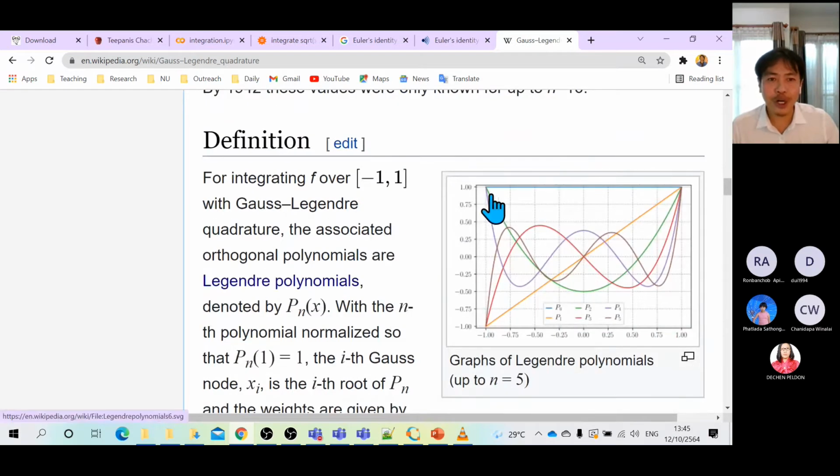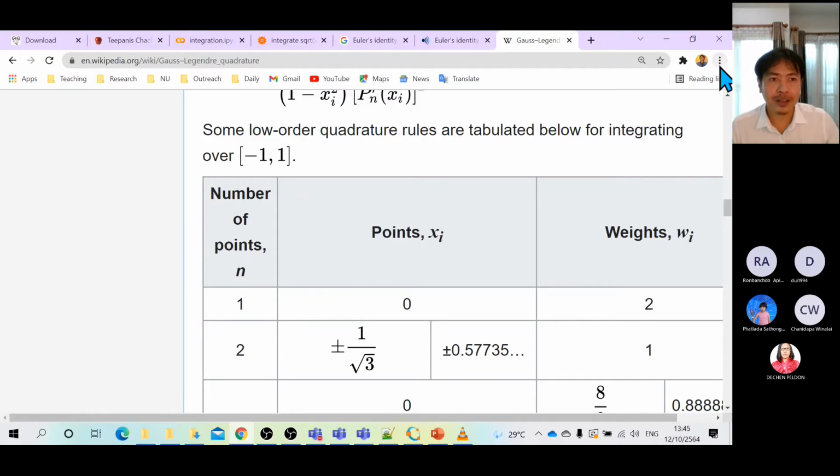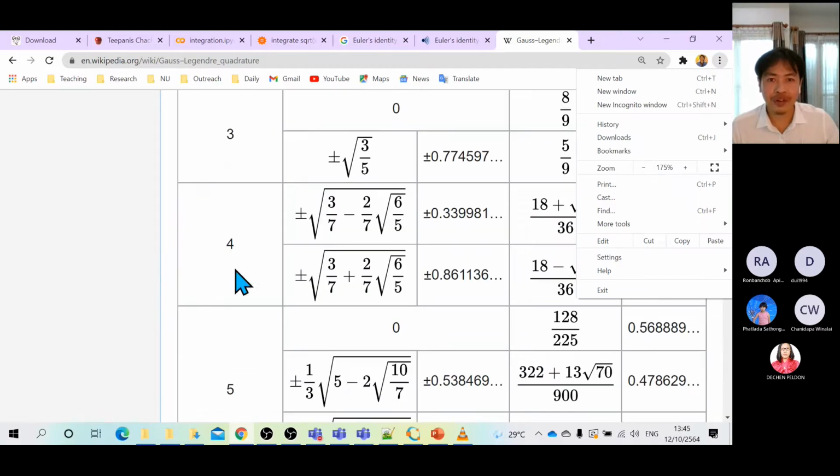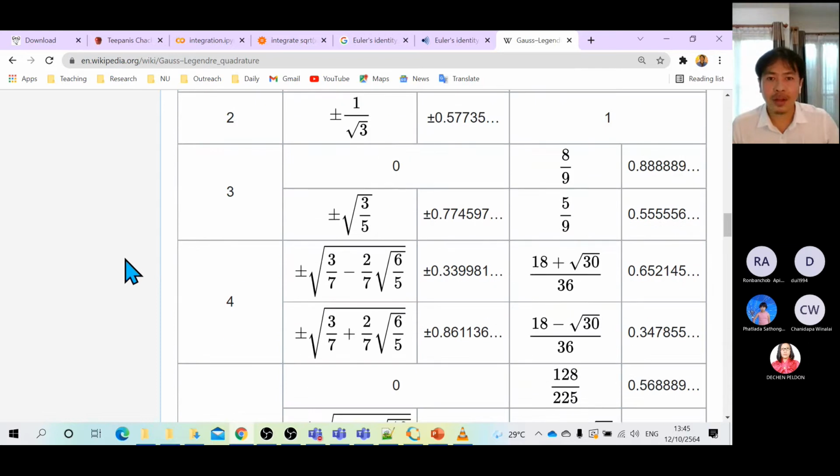What do we call that? There's a name for that. Someone must remember that. It's in the third or maybe the fourth lecture. The W is the weights.